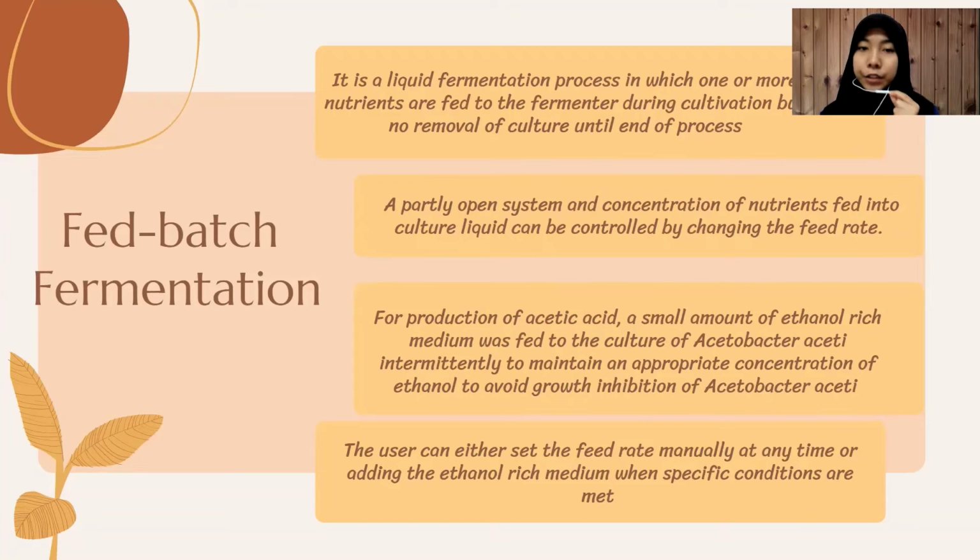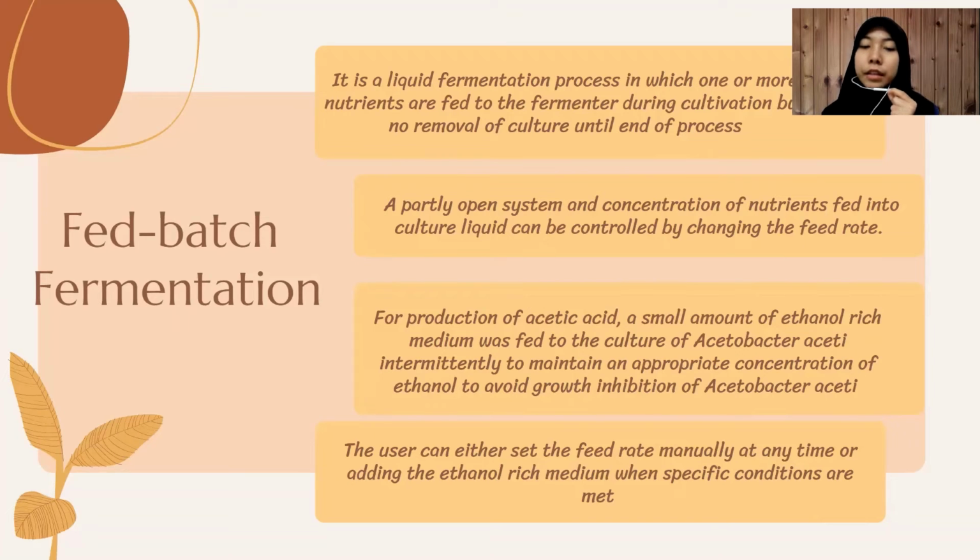This type of fermentation is a partly open system, and the concentration of nutrients fed into the culture liquid can be controlled by changing the feed rate. For production of acetic acid, a small amount of ethanol-rich medium was fed to the culture of Acetobacter aceti intermittently to maintain an appropriate concentration of ethanol to avoid growth inhibition of Acetobacter aceti.